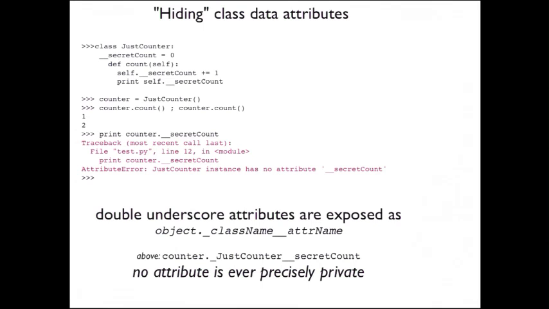So if you have an attribute that starts with two underscores, it's basically private, but if you really wanted to find it, you could find it. So that's an answer to your question up there. Yes. Can you modify it? I can modify it too, because now I know how to find it, and I know what it's referencing. So now I can touch whatever it's referencing. Good. There's a question over there.